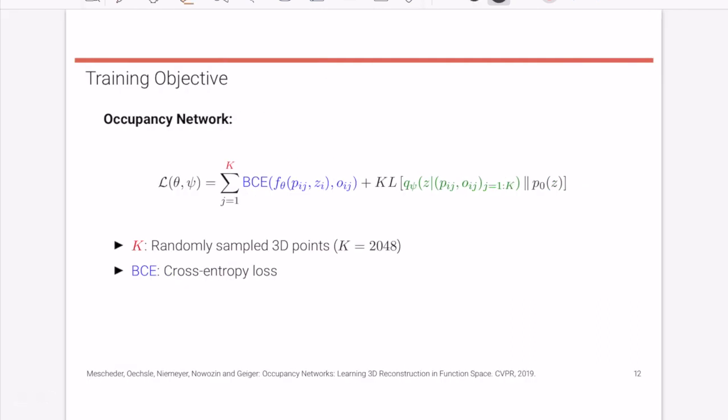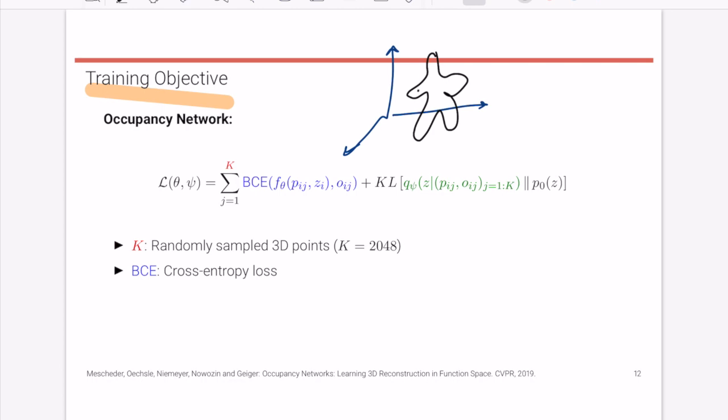Okay, so to train such a model, we have to define a training objective, because during the training we already have some 3D representation, something like a point cloud, for example.